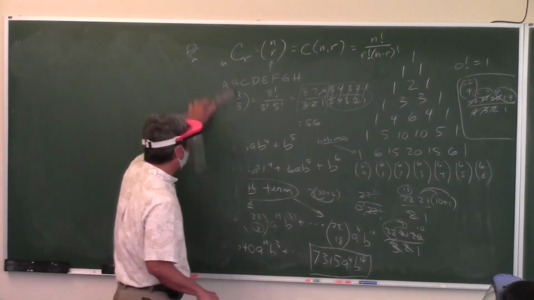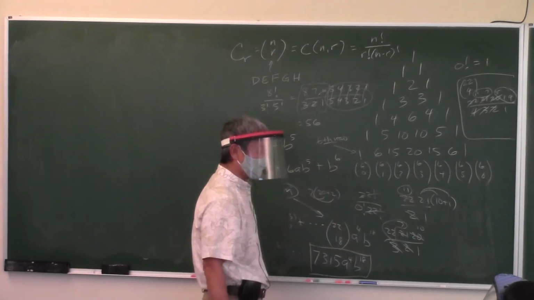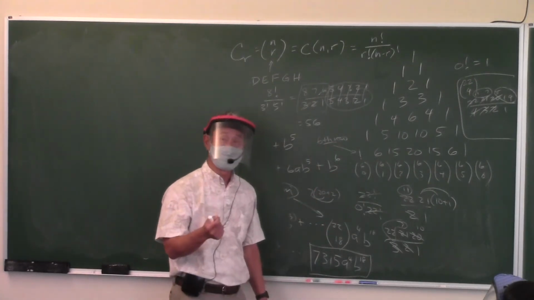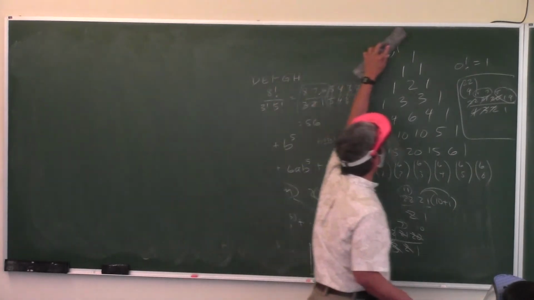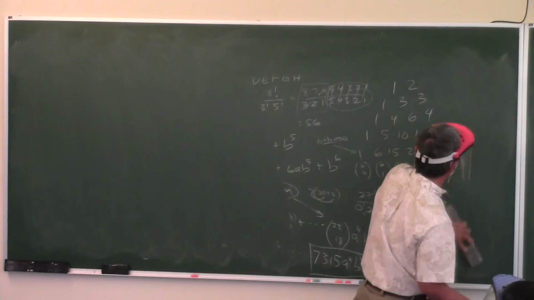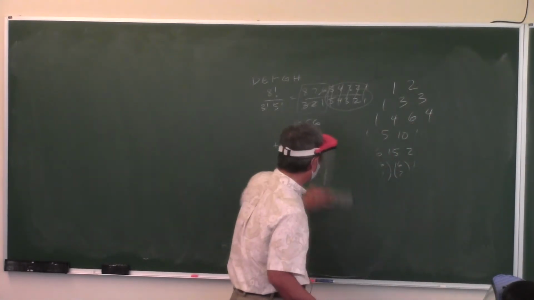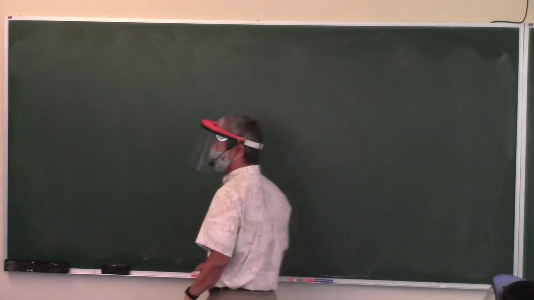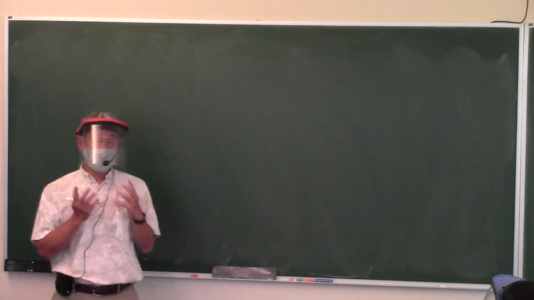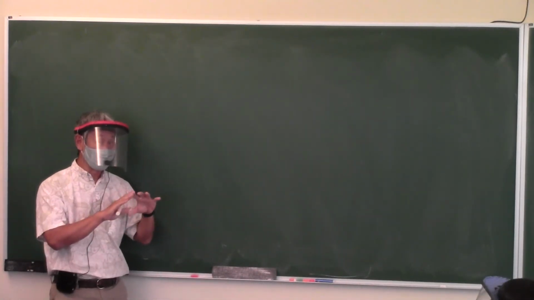So, Mr. Park, if I can't use Pascal's triangle or the choose thing, what do I do? Then you have to use the general binomial theorem. If you just have to memorize one, it would be this one, because this one takes care of all of it.